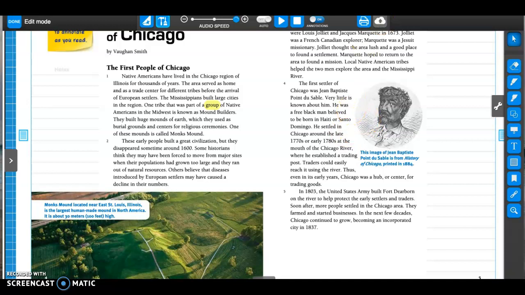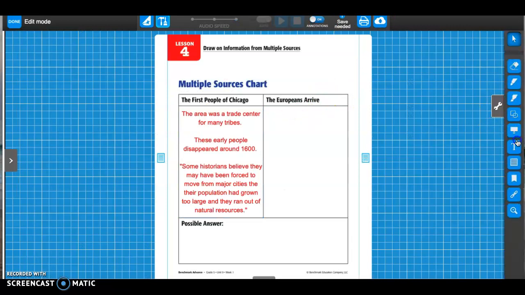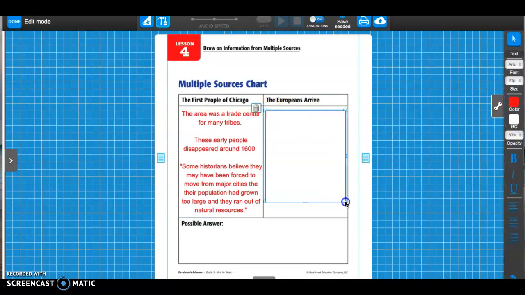So I'm going to put that in as my first point under the Europeans arrive: that man created a trading post there. And again, that was in Chicago.